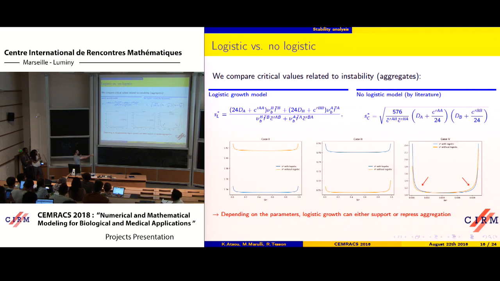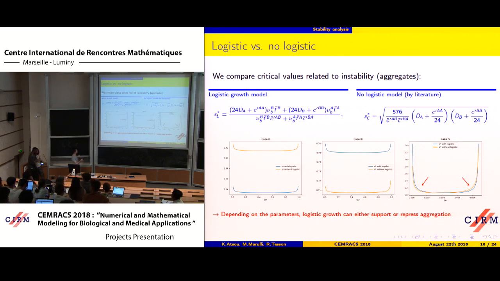You can also have some mixed situations where they are very close, but at one time the blue is greater, and after it's the red that is greater. So there is not an easy comparison between the two criteria.